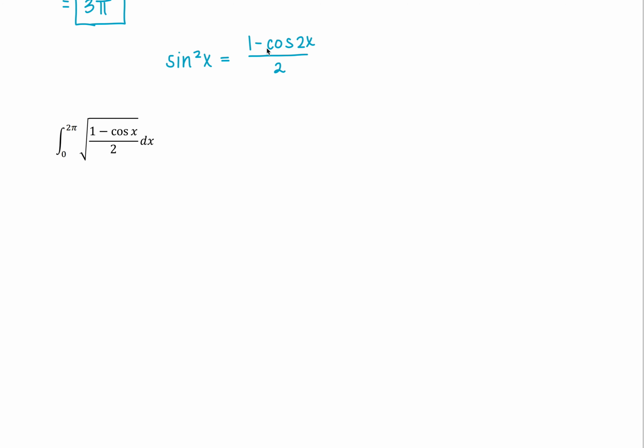So here, the angle with the cosine is double that of what's with the sine. So if you look here, I don't have a cosine 2x, I just have a cosine x. When I go ahead and use this identity to replace it with the sine squared, it's going to be half this. So I'm going to replace the 1 minus cosine x over 2 with sine squared of x over 2.